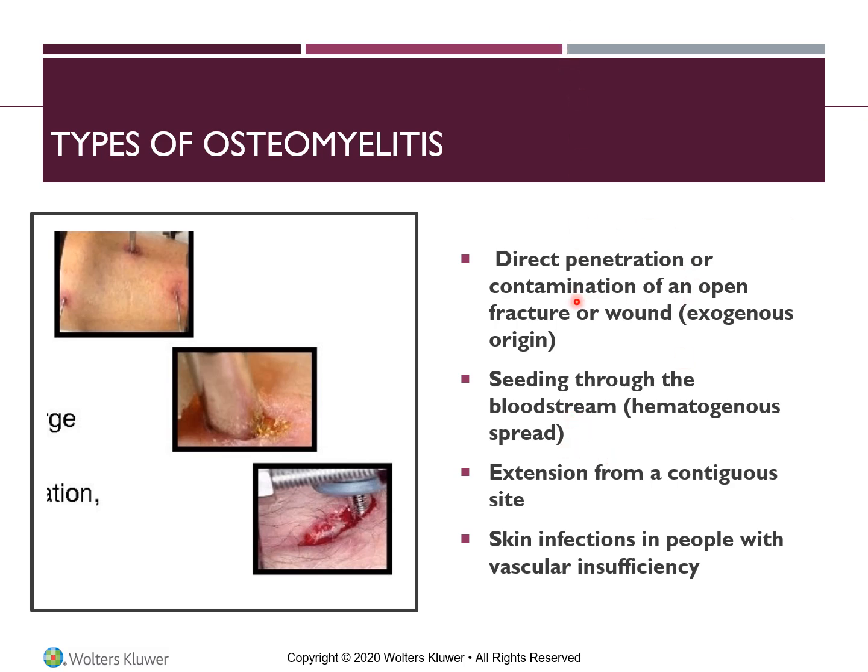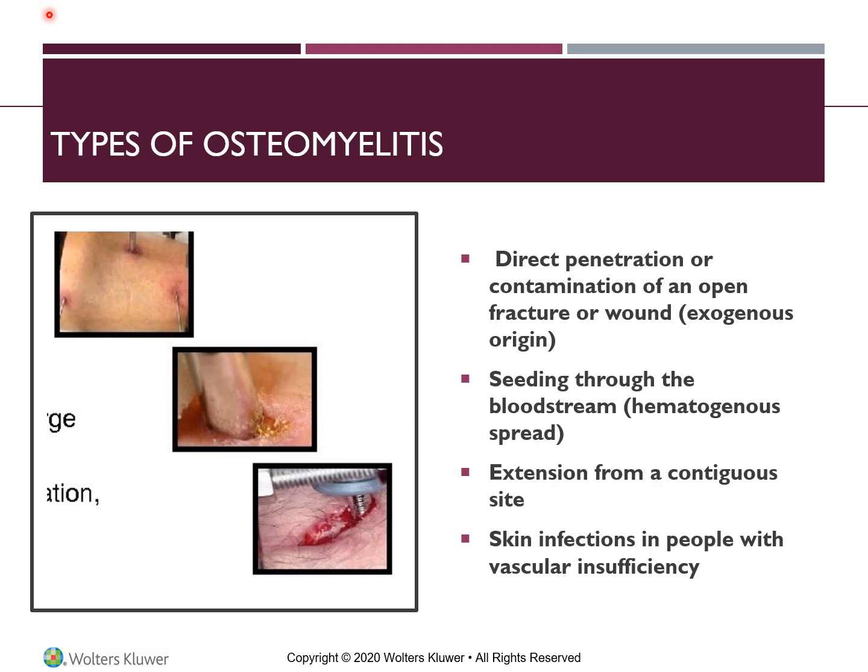So we'll start with direct penetration. So this is contamination of either an open fracture or from a wound. And the bacteria is what we call exogenous in origin, meaning it's coming from the outside and being introduced directly into the wound. So direct penetration osteomyelitis is the most common cause of osteomyelitis in the United States.